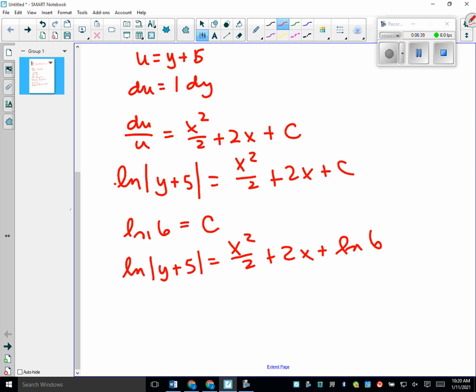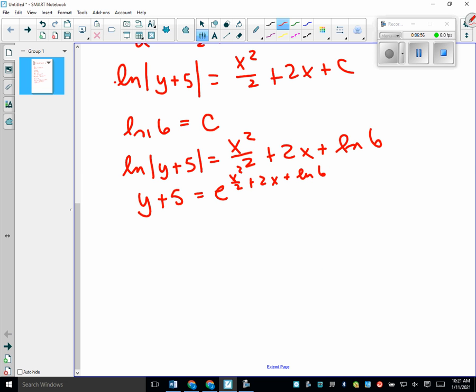So I have y plus 5 equals e to all of this. You good with that? e to this power equals this. That's a rule.